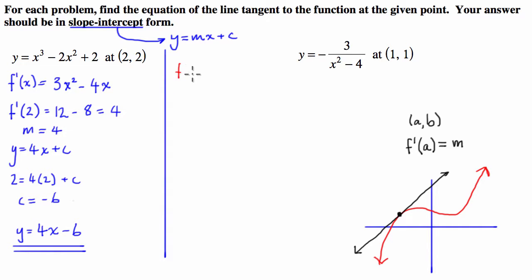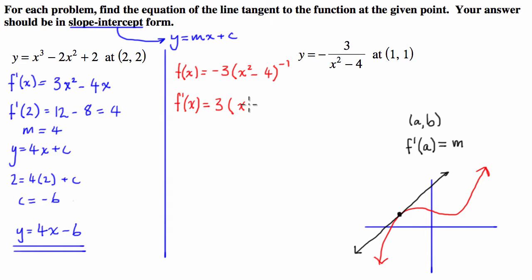I'm going to write this as f of x equals -3 times the bracket x squared minus 4, to the power of -1. That's how we can bring that entire thing up: we put it in brackets and put it to the power of -1. Now, if we take the derivative of this, we have to use the chain rule. So this is going to equal -1 times -3, which is 3.